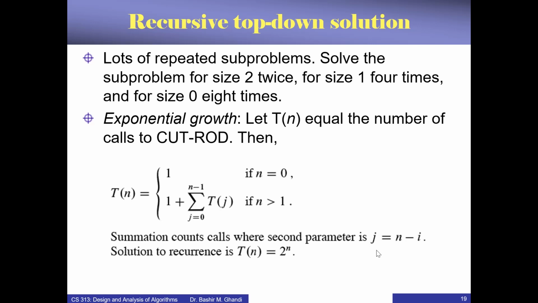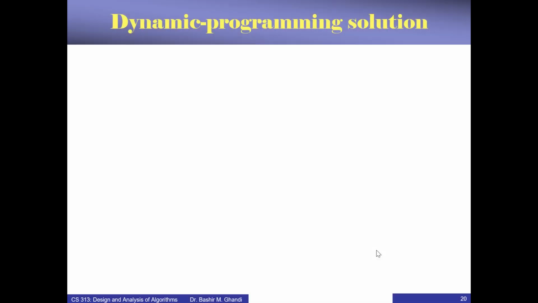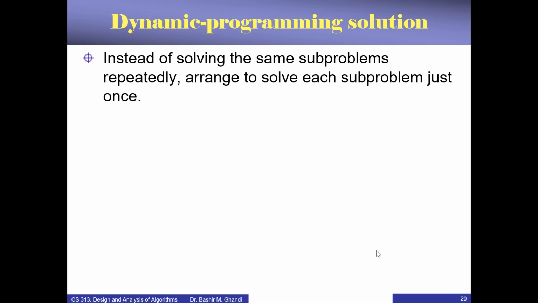How can we improve this using dynamic programming technique? Obviously, as we have been saying, instead of solving the subproblems repeatedly, we're going to use a table to store previous solutions, so that once we solve a subproblem, we save it in that table, and next time we need it, we just read it from the table.